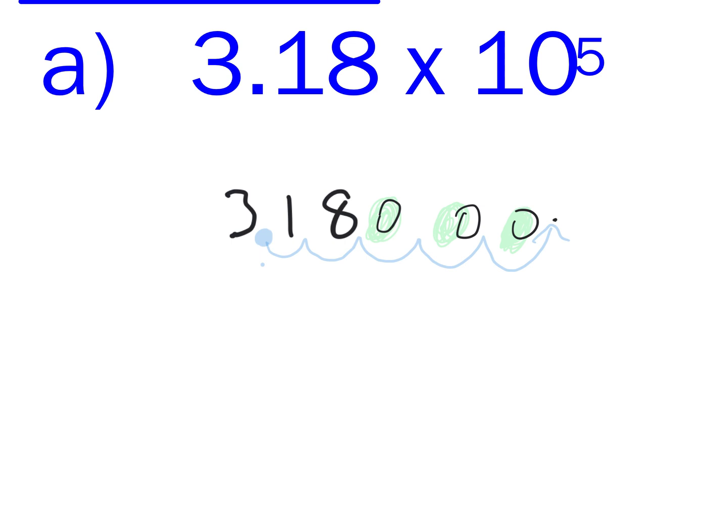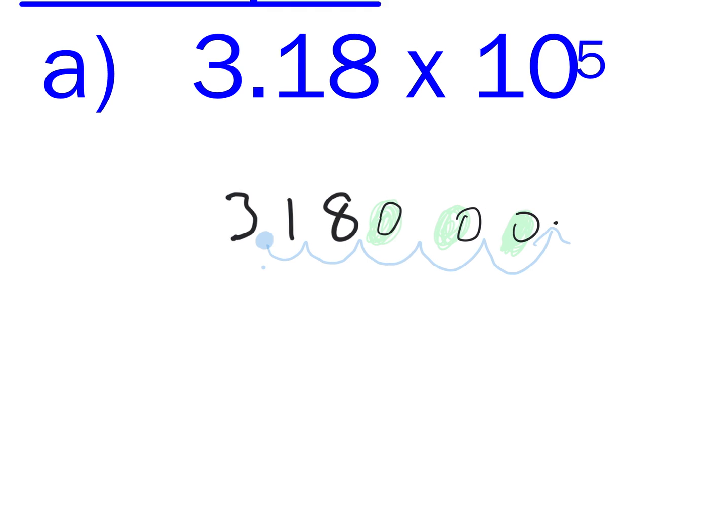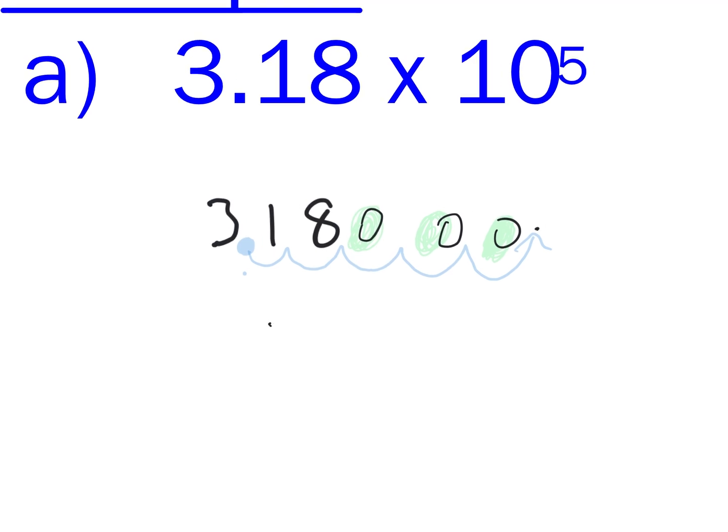So when you write out these numbers, when you make a mess of your numbers, write out your answer clean. So this is going to be 318,000, just like that.